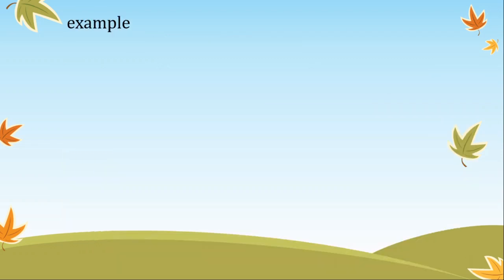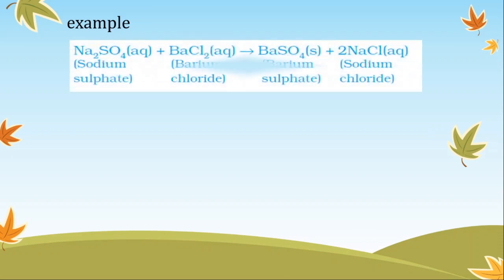Let us see an example of this double displacement reaction. The example we have taken is again in our text. Sodium sulfate when it reacts with barium chloride, the products formed are barium sulfate and sodium chloride.